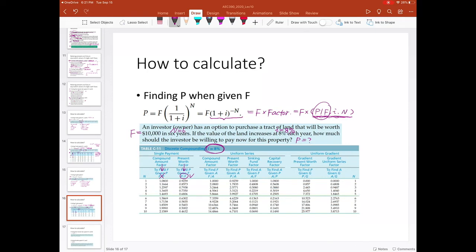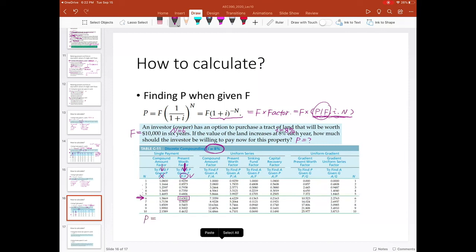And the row is determined by the number of periods. So the N is 6. So you find 1, 2, 3, 4, 5, 6. That's the row you look at. So now you look at this column and this row, that will give you this cell. So that's the factor of this problem.